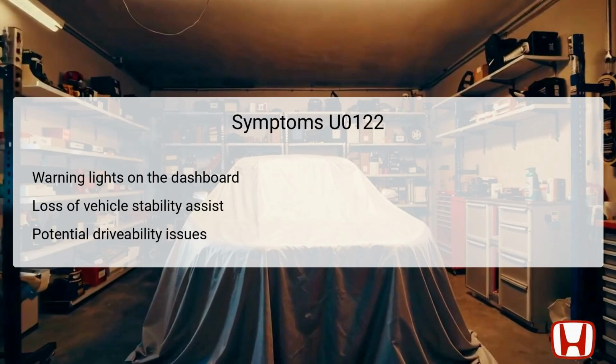Furthermore, there may be a noticeable loss of vehicle stability assist, which can compromise the vehicle's handling during various driving conditions. This can manifest during hard braking or cornering, affecting overall safety. Additionally, a driver might experience potential drivability issues, such as erratic engine behavior or unintended acceleration. Recognizing these symptoms early on is imperative, as they can lead to significant driving hazards if left unaddressed.